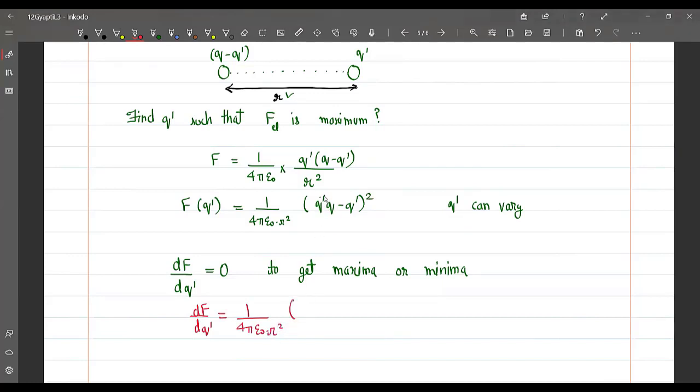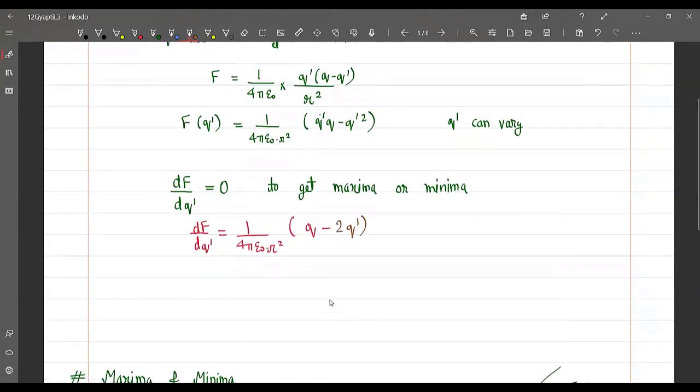Differentiating with respect to q dash, it will be q minus 2q dash. Then equate it to 0. For this to be 0, the denominator cannot be 0, the numerator should be 0. From here you will get q dash is equal to half of the charge. And when you divide the charge equally, you get your force as maximum.